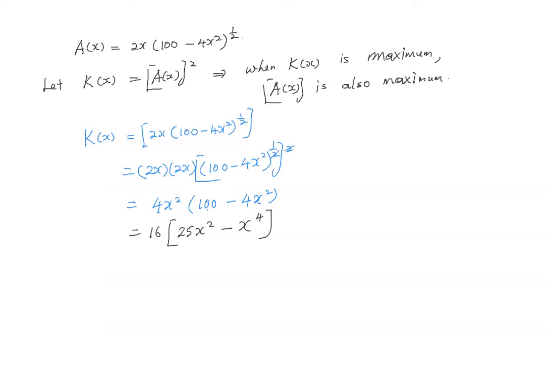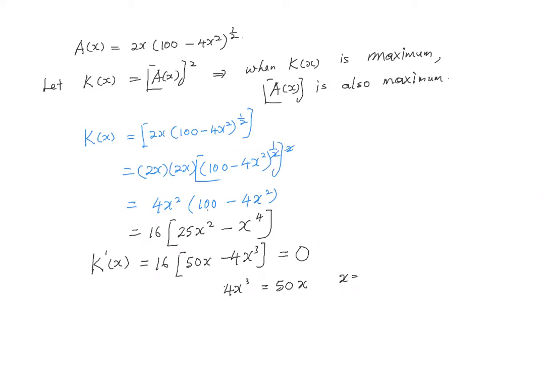So now I can differentiate my k prime x, which is 16, put outside, 50x minus 4x cubed. Then I equate equal to 0. So I have 4x cubed equal to 50x.